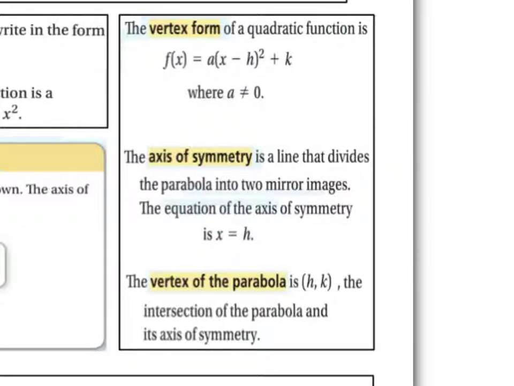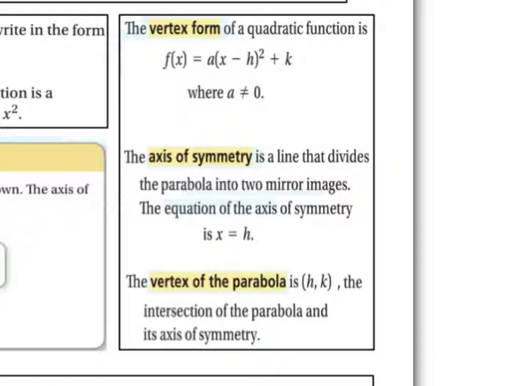That's no different than it was when we had an absolute value graph, or the square root function. The vertex is at the ordered pair h and k, or the opposite of h and k, because remember again, h is negative in the equation. That's where the tip of your graph is going to be, at the vertex.